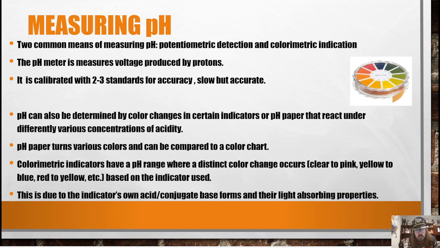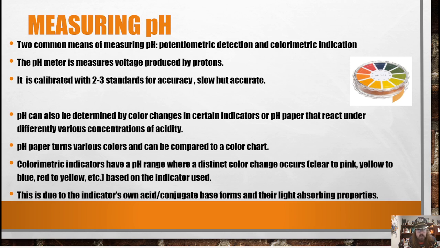Now, this is slow, but if you've calibrated this correctly, this can be relatively accurate. We usually want 2 to 3 standards for the most accuracy. So we're going to make these solutions, prep them, and it's going to tell us this concentration has this voltage and this pH, and then we can compare those relative charges to our sample.